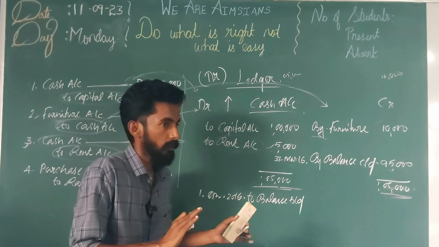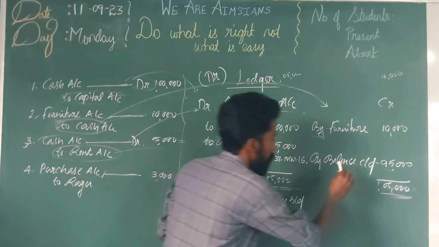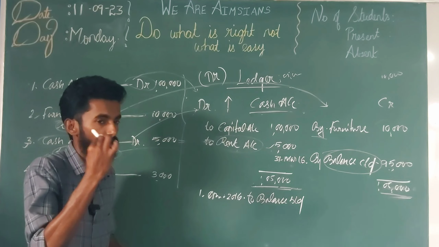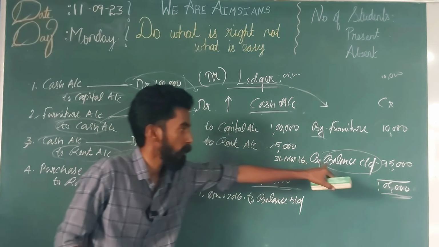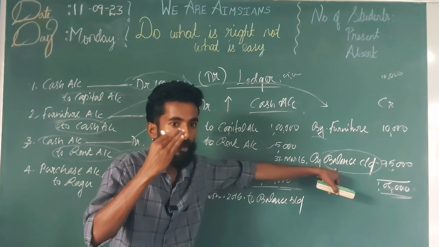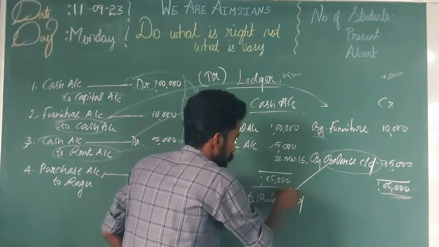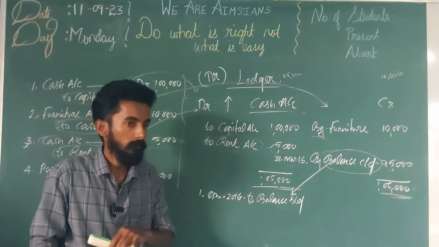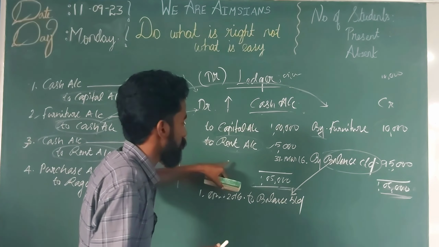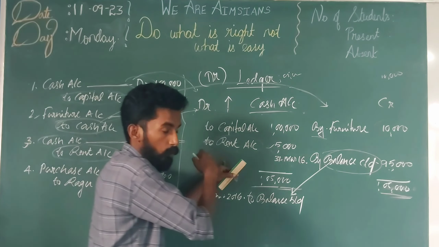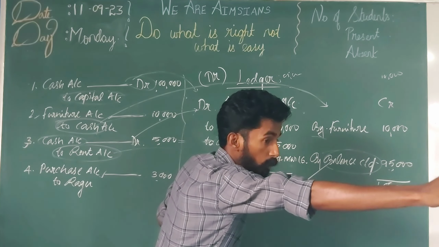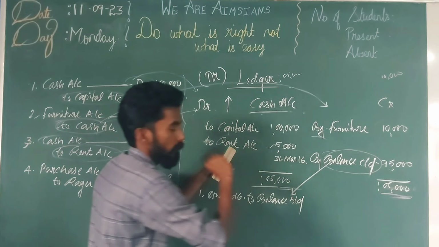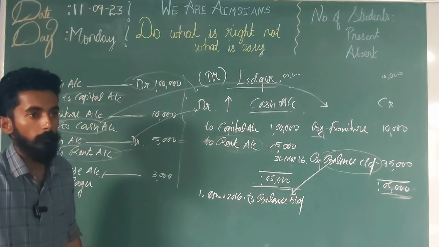Is the logic clear? If you are getting balance carried down on the credit side, keep this logic in your mind: automatically the balance brought down should be on the debit side, and vice versa. Clear? If you are getting balance carried down on the debit side, automatically you are going to get balance brought down on the credit side, reverse. Ready?